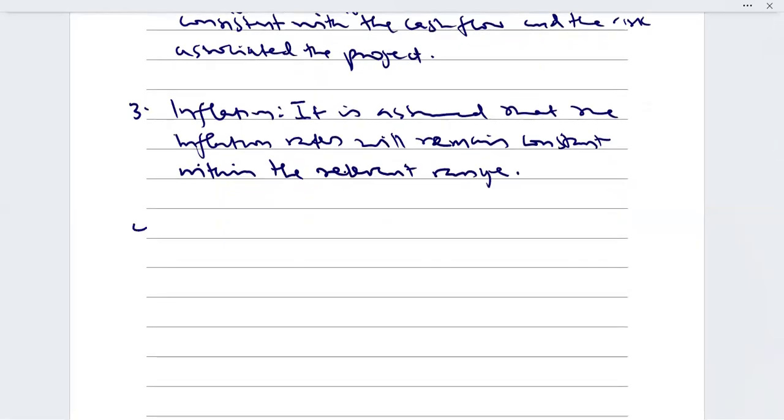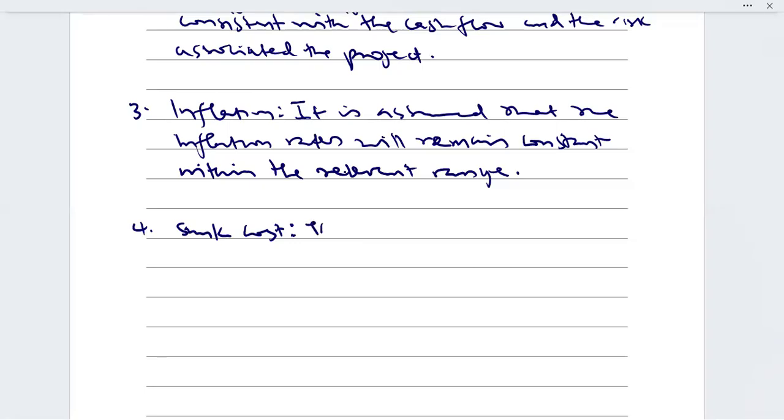Then number 4, we can talk about sunk costs. We have two different sunk costs: development costs and market research costs.